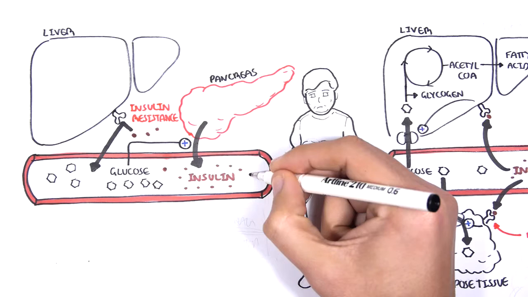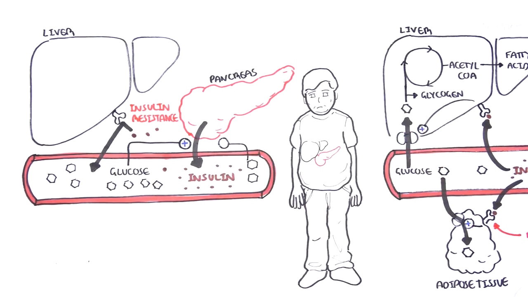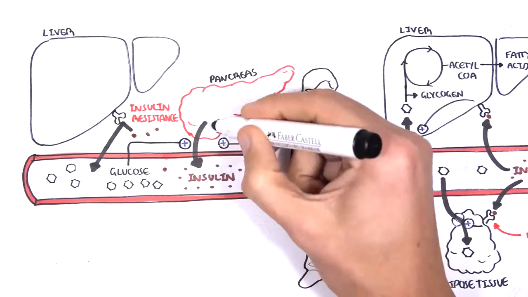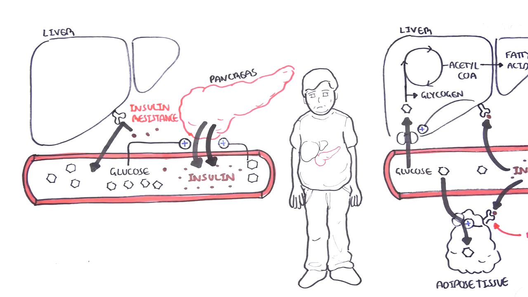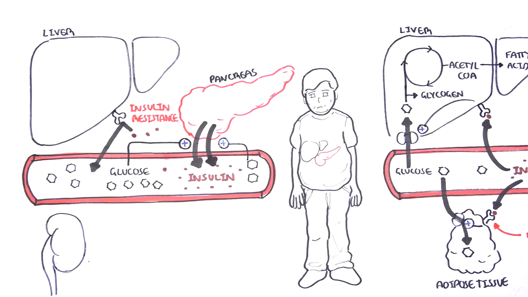So, because of insulin resistance, glucose cannot be taken up by all these different organs, and so you have high blood glucose. Because there is high blood glucose, the pancreas is told to secrete more insulin, despite not changing the fact that insulin resistance is present.